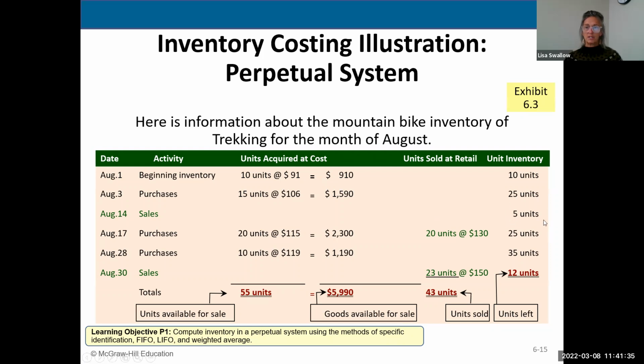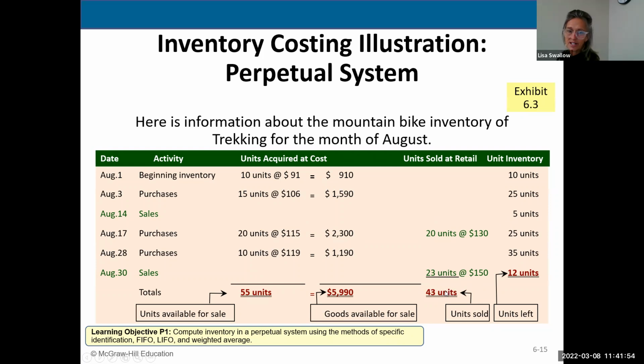So now I'm down to 5 in inventory. Then I buy another 20 units, again, in a period of inflation. So I'm up to 25 units, purchase another 10, period of inflation. You see where I'm going here. And then on the 30th, I sell another 23 units.